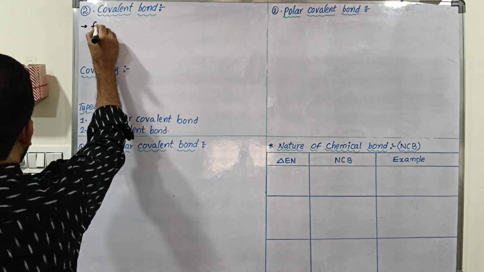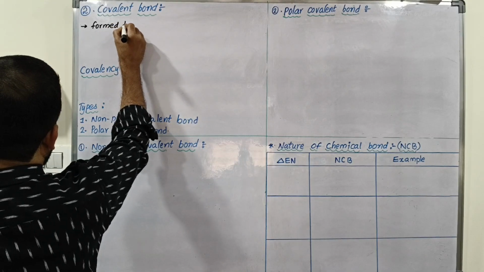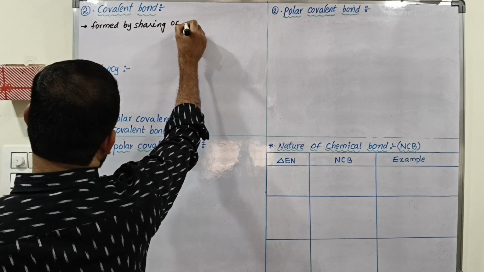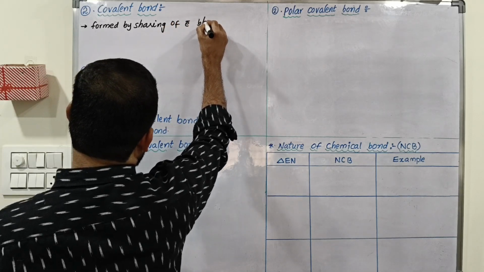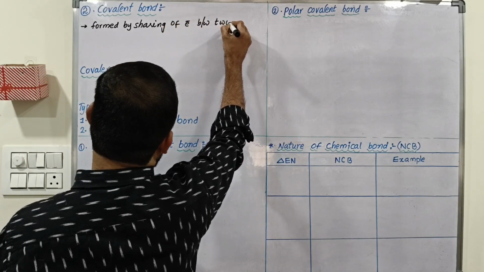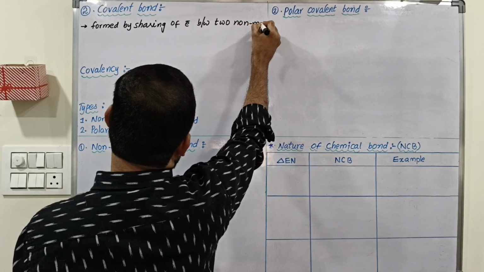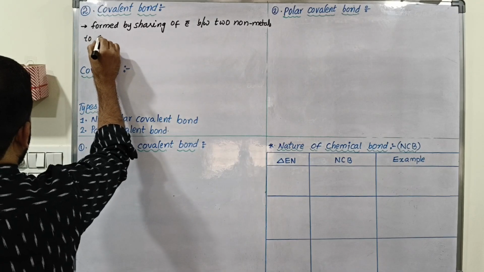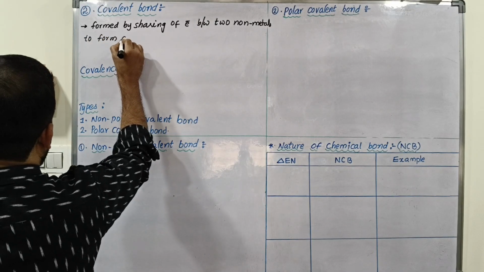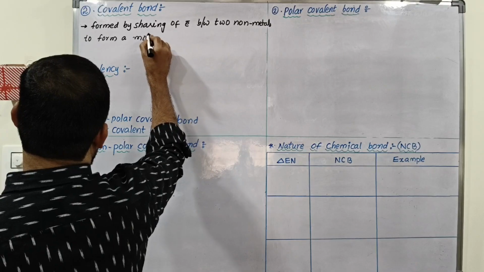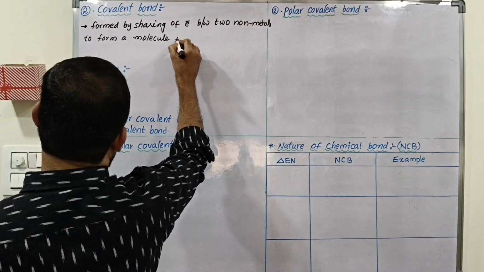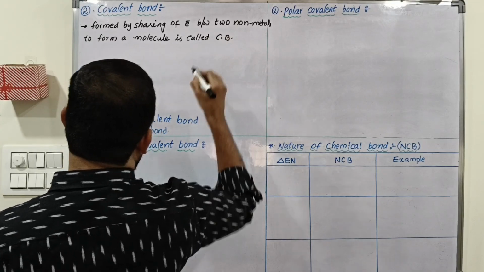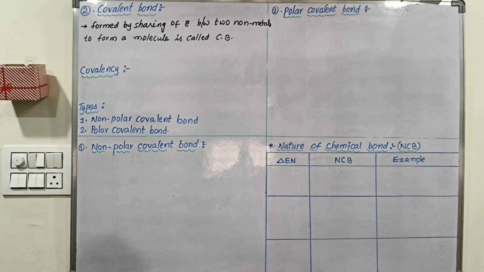It is formed by sharing of electrons between two non-metals to form a molecule, and is called covalent bond.